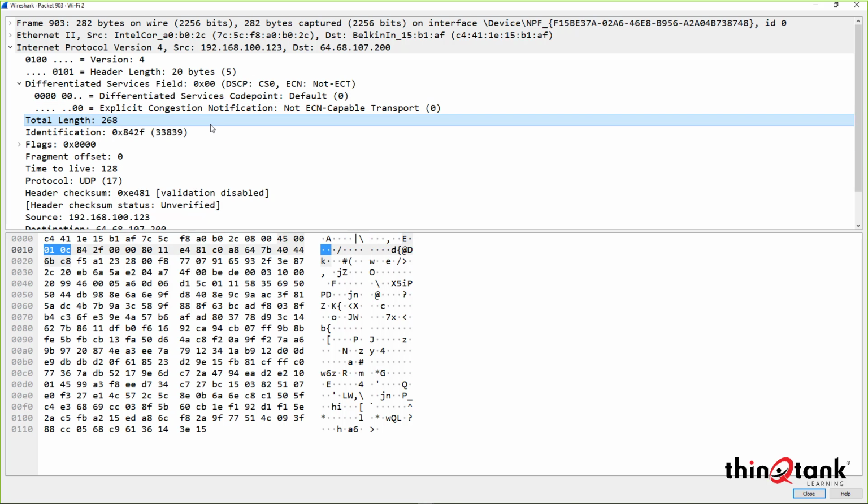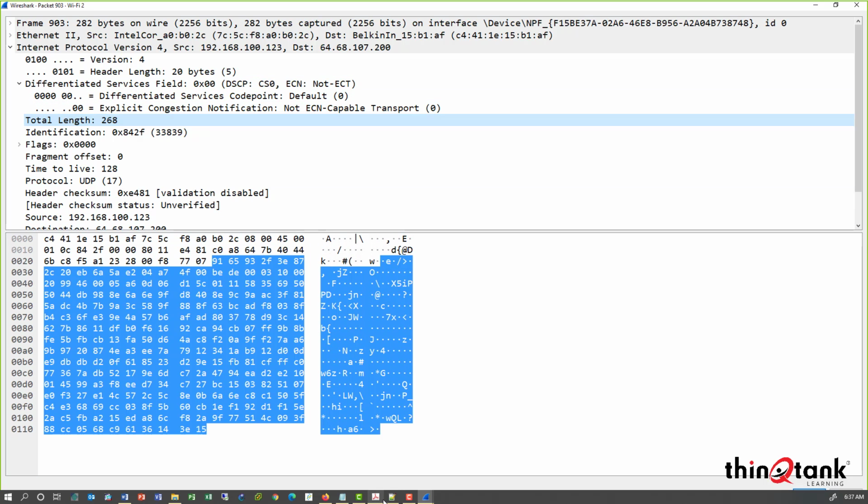I know for a fact there are 248 bytes of payload in this datagram because the total length field includes the header. And I've already defined that the header is 20 bytes. So 268 minus 20 is 248, so there's 248 bytes of data. All right, you could see where that might be potentially useful for you.